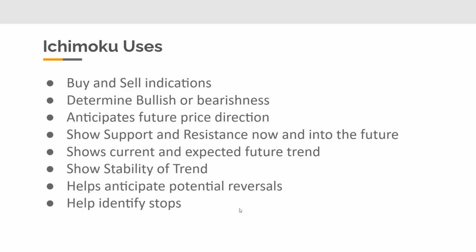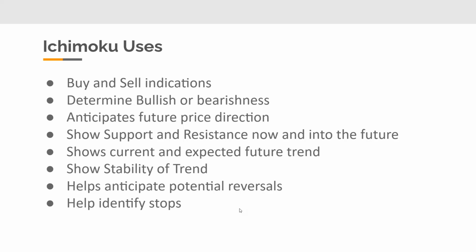In terms of the uses of the Ichimoku, the one chart at a glance is used to give buy and sell indications. There are really two signals that you can get from the Ichimoku, and I'll cover both. It helps you determine bullishness and bearishness from a number of different angles.